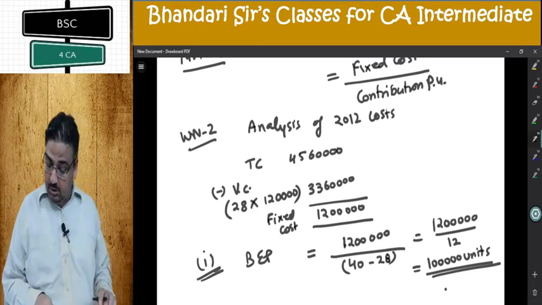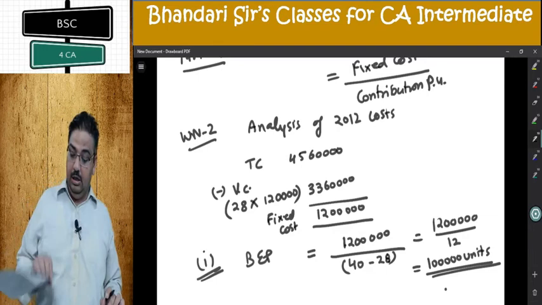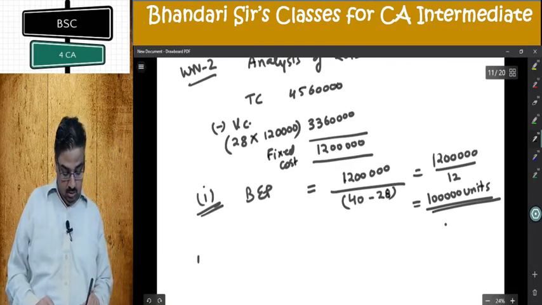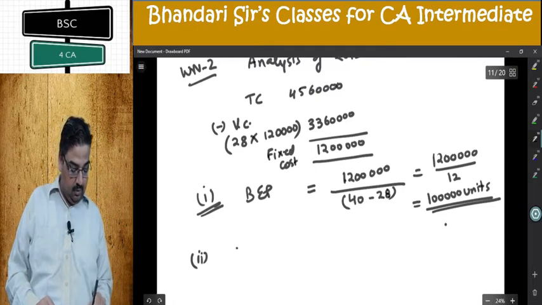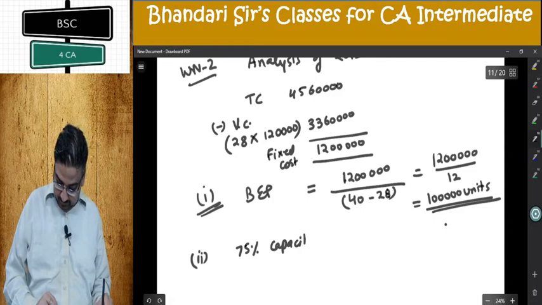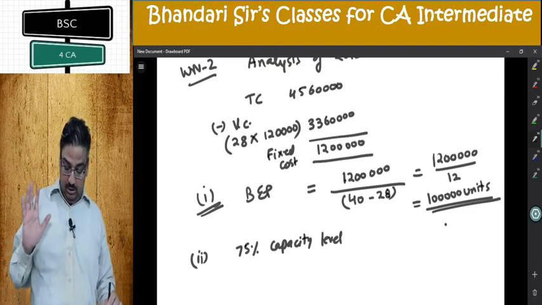Second part wants profit at 75% of the total capacity in 2013. In the next year, they are going to perform at 75% capacity level. What is the total capacity given in question? 2 lakh units.